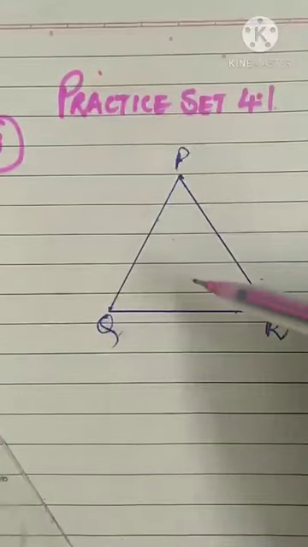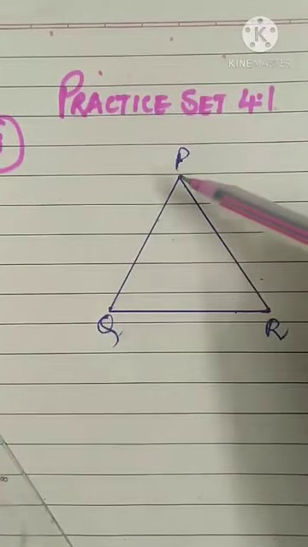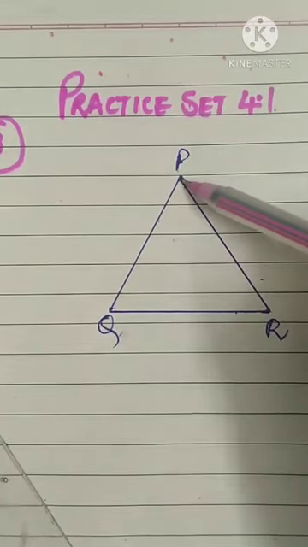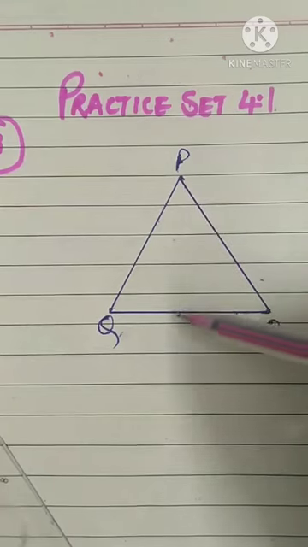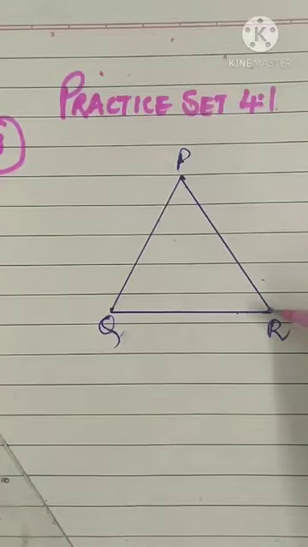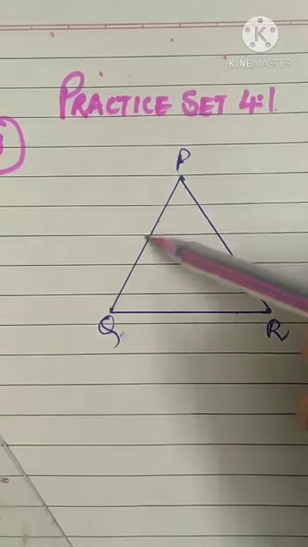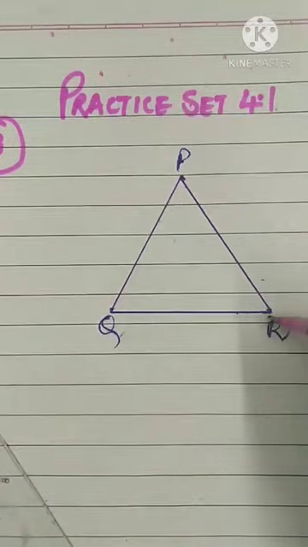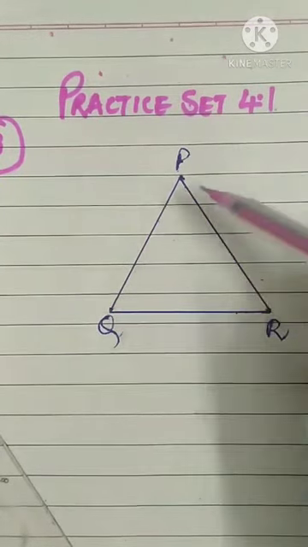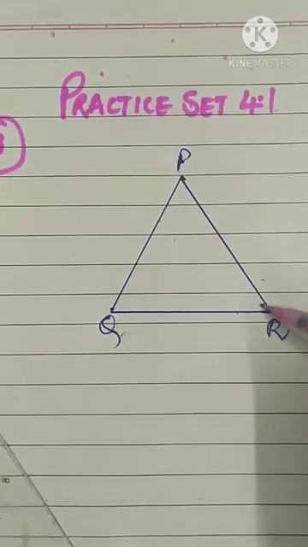Altitude is a perpendicular drawn from the vertex to the opposite side. If P is the vertex, P's opposite side is QR. So one 90-degree line drawn is called an altitude. Same way, if R is the vertex, the opposite side is PQ. If Q is the vertex, the opposite side is PR.